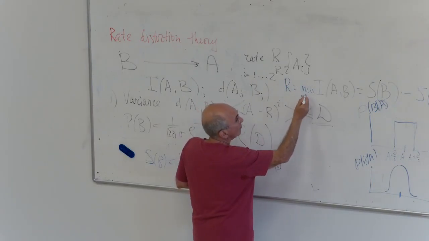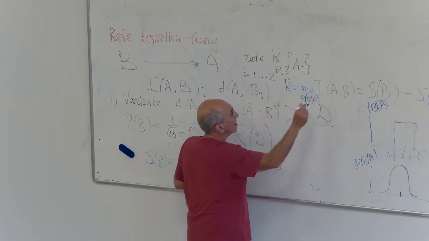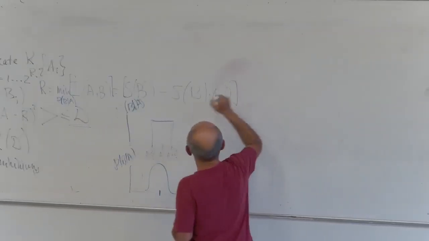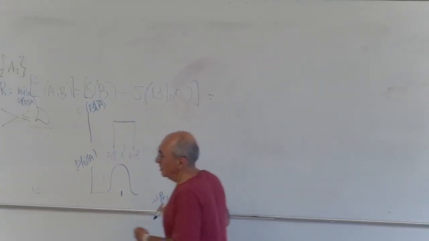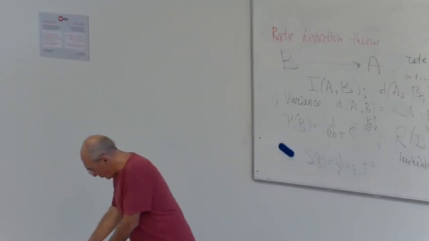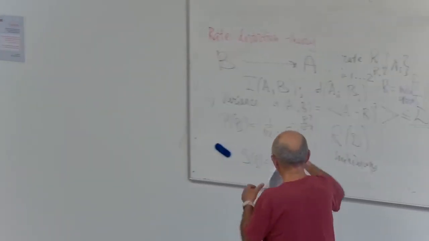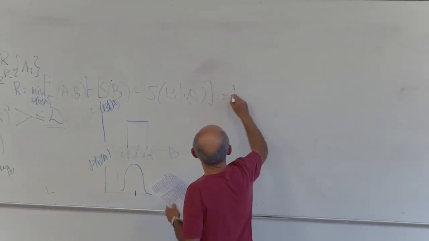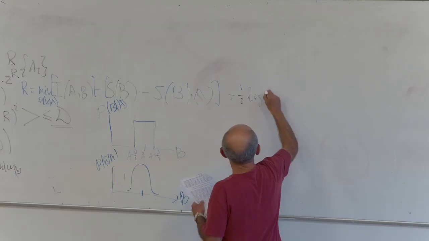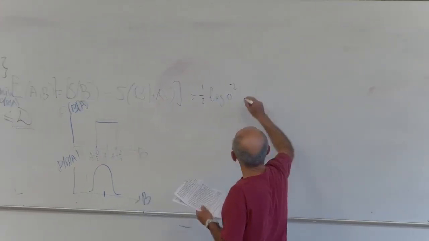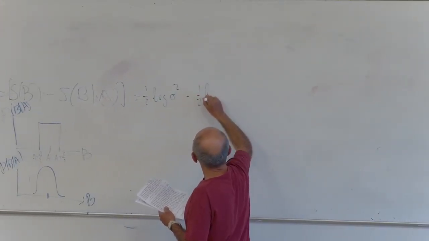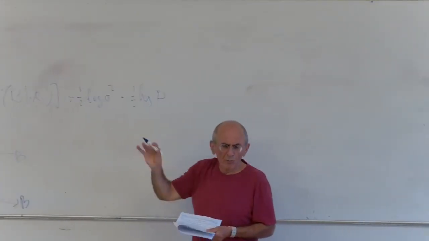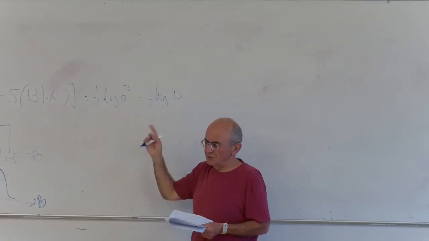over all P of B given A of this quantity, and this would now be Gaussian, this would be 1/2 log sigma squared, and this would be minus 1/2 log D, and I omit all 2 pi e because they are the same in both cases, so they just cancel out.